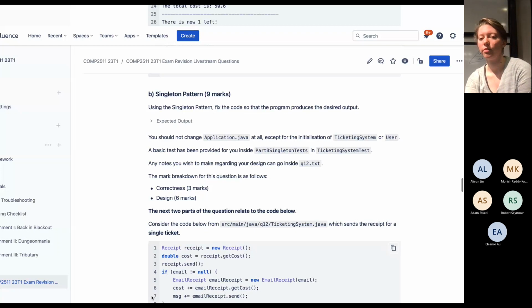Sorry, say that again. Yeah, so in that case, when you are just getting the instance, this returns on this line.